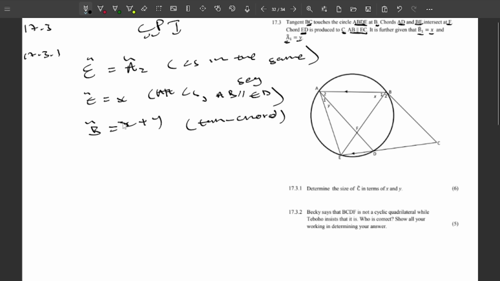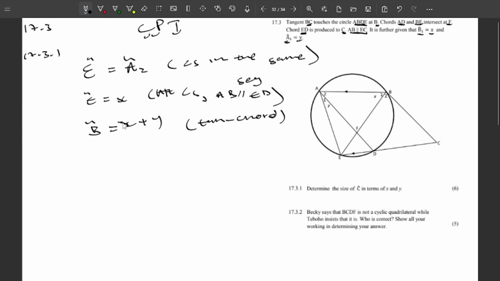For those who are lost on what I am trying to find here: I'm trying to find at least two of these angles, angle B2 and angle E, so I can use the sum of angles in a triangle to find angle C. So that's why I took that route. I hope everyone understands that.